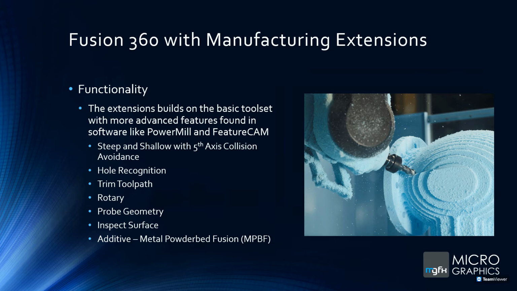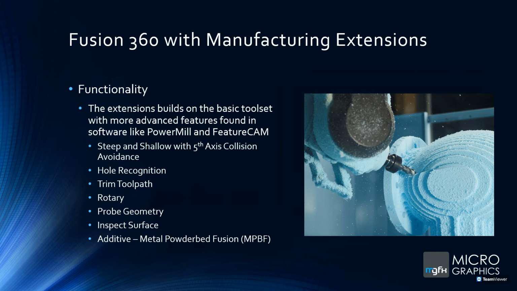You get steep and shallow with fifth axis collision avoidance. You unlock hole recognition, the ability to trim toolpaths, perform rotary machining on a fourth axis, probe geometry, inspect surface, and you also unlock additive metal powder bed fusion.